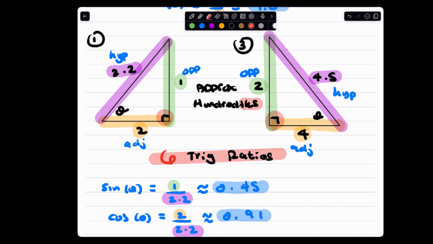Can you give me the 6 trig ratios for the ones that you guys just did? We'll give you guys some time. Give me the 6 trig ratios here, and we'll test you guys on that. Let's get out our clock. Let's see what you guys can do.